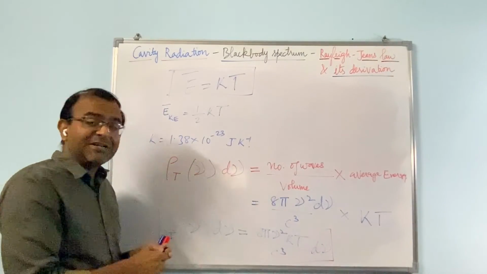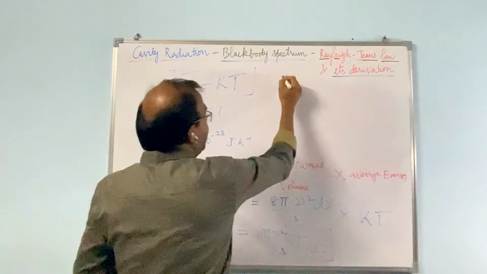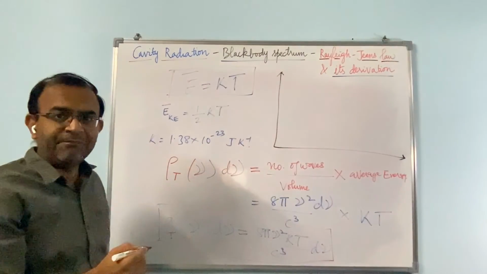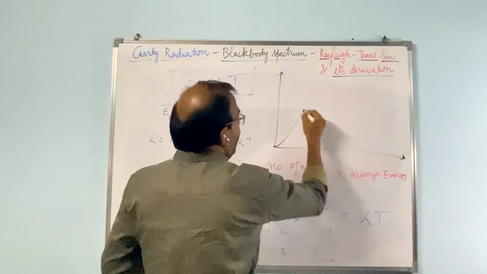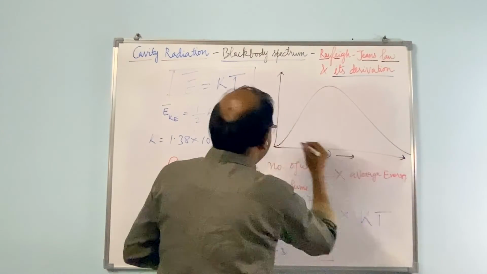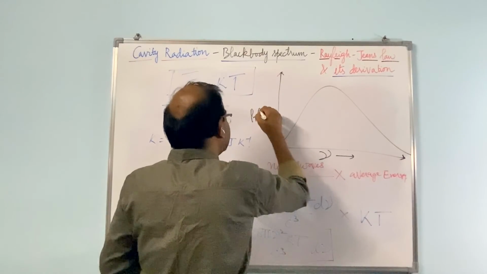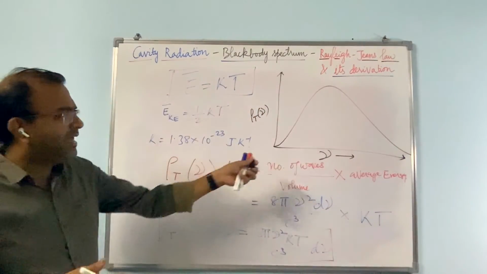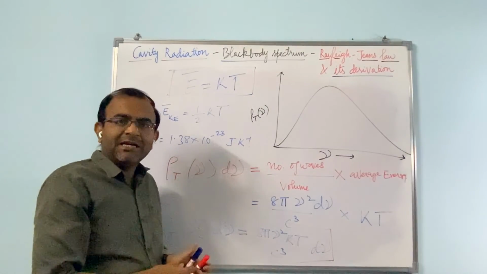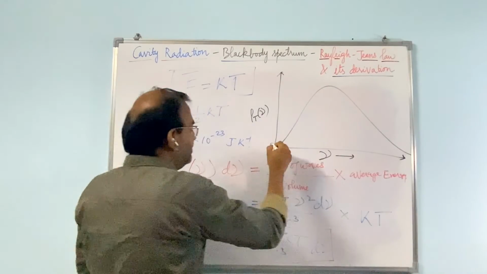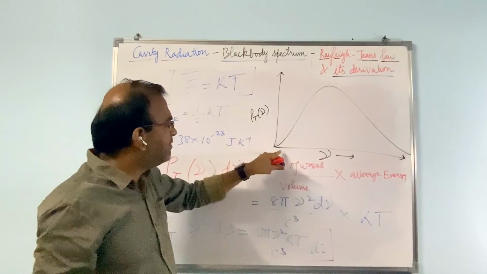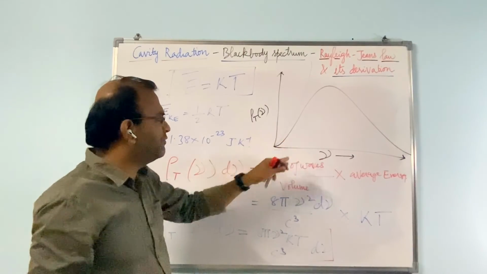But what is its interpretation? The observed blackbody spectrum has a pattern of this kind. So with increasing frequencies, the energy density that is experimentally obtained has a spectrum of this kind. But if you plot this particular expression arising from the Rayleigh-Jeans law, you will get something like this. So there is a deviation after the initial range of frequencies.